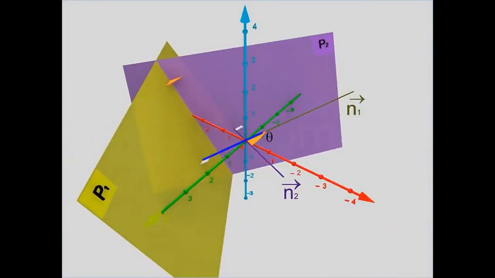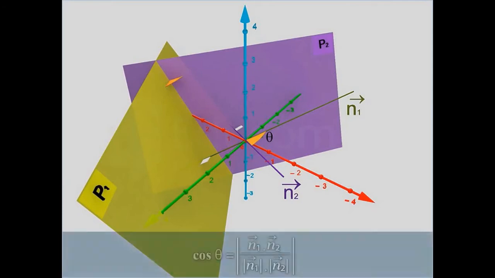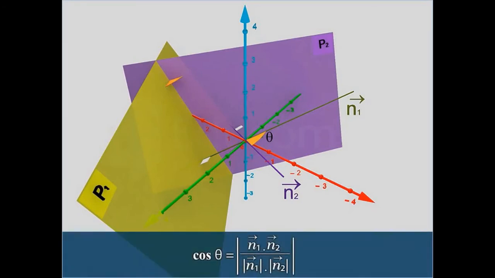Here, vector N1 and vector N2 are normals to the two planes. Let theta be the angle between the two planes. Then, the angle between the two planes is given by cos theta equals mod of vector N1 dot vector N2 by mod of vector N1 into mod of vector N2.